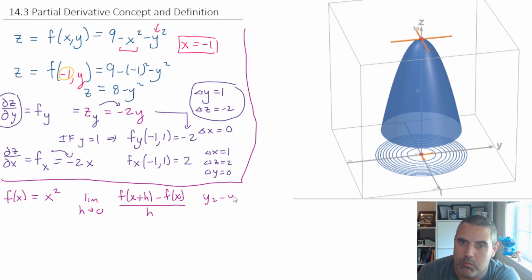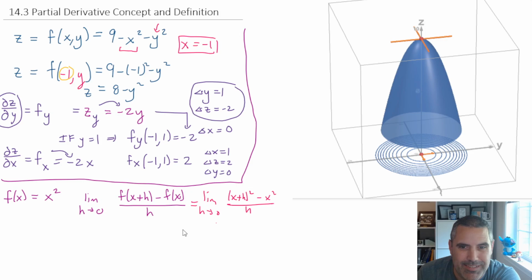That's y2 minus y1 over x2 minus x1. But you're going from x to x plus h, so that's why the bottom is just h, and you're plugging into the function to get the corresponding y's. But back in Calculus 1, we have students actually go through and do this, meaning they plug into the function and simplify and find the pattern.